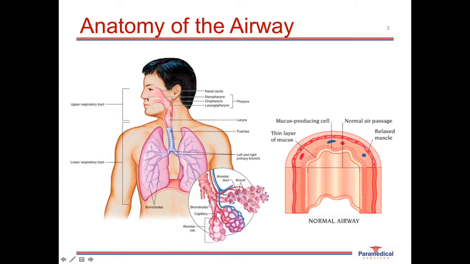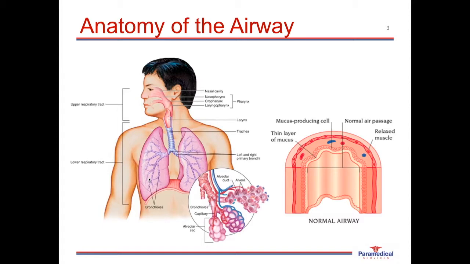It's important to note here that from the upper airway all the way down to the bronchioles in the most distal portion of the airways, no gaseous exchange occurs through these passageways in the respiratory system. So this space is called dead space because there's no exchange of oxygen and carbon dioxide between the respiratory and the cardiovascular system.